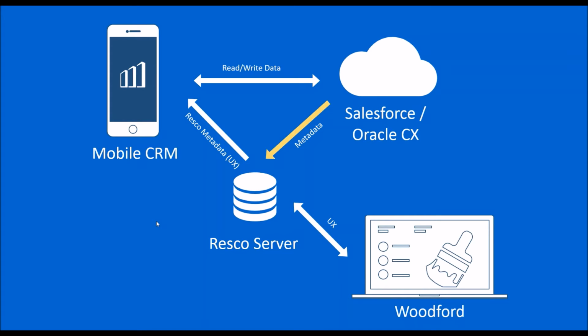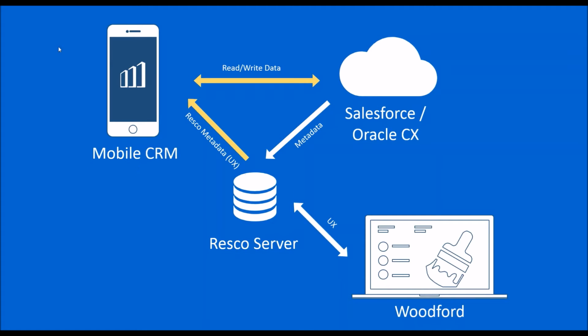How does it work? If you try this for the first time, the first step is that the metadata from the Salesforce or Oracle or the backend system will be downloaded or applied to the Resco server. I will explain this in more detail in a couple of minutes, but this is the first step, that the metadata are downloaded from Salesforce or Oracle to Resco server.